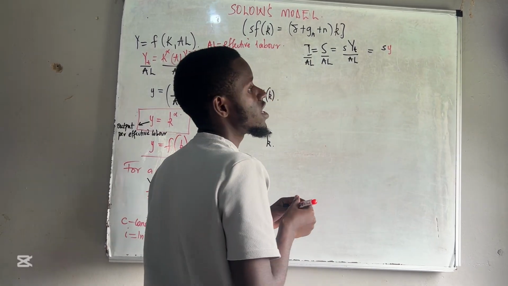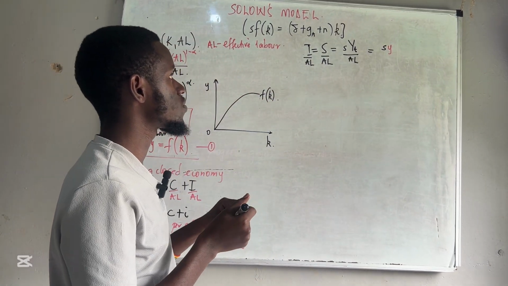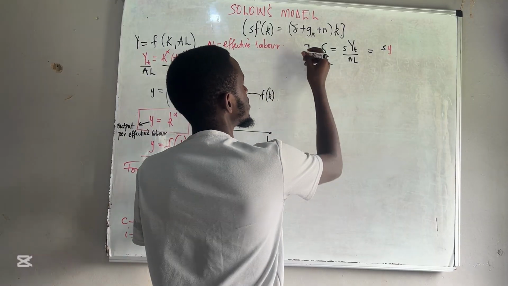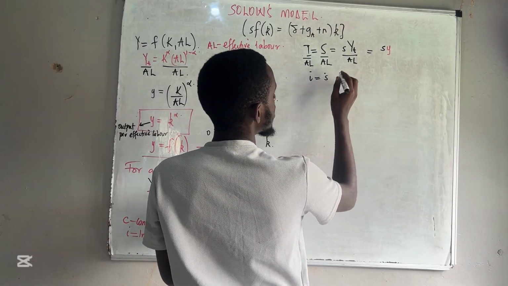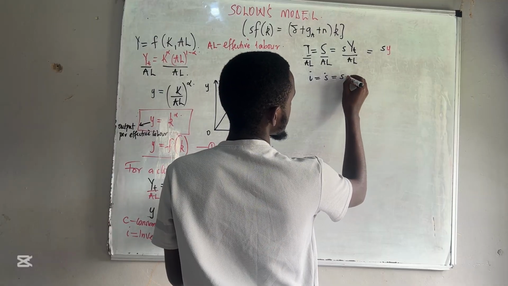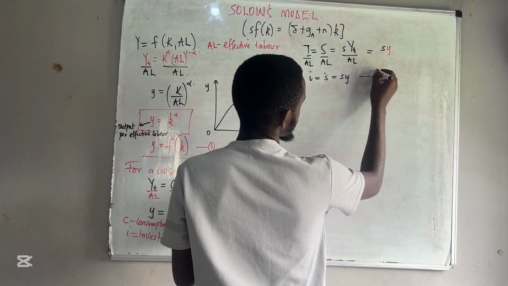Therefore, I, which equals saving per effective worker, equals small s, the saving rate, times y. Then this is going to be my equation 2.